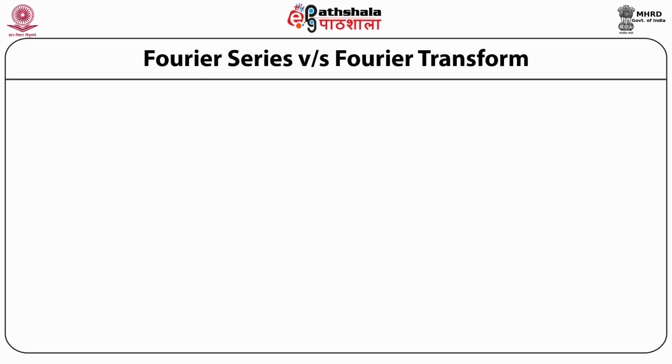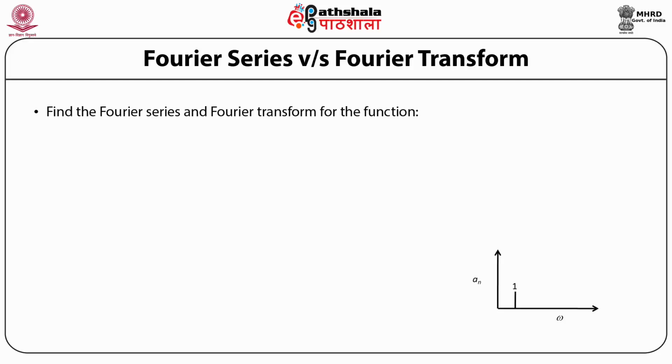We want to understand the difference between Fourier series and Fourier transform. So we are going in very minute steps to understand the difference. Let us take a function f of t is cos t.